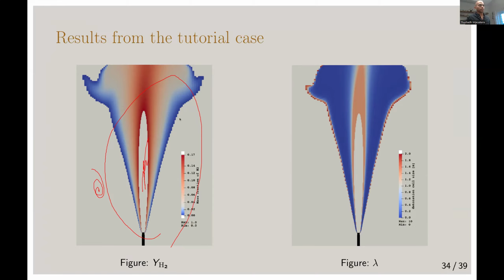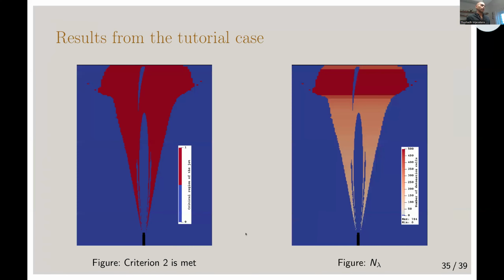And for this flammable region of the cloud, you can see the field of lambda, the detonation cell size. Then we go through the second criterion, and here we have isolated where the second criterion is met. Everything that is red is supporting stable detonation.